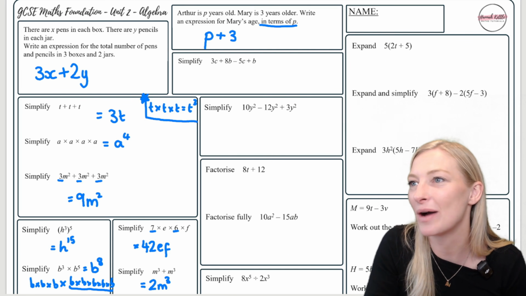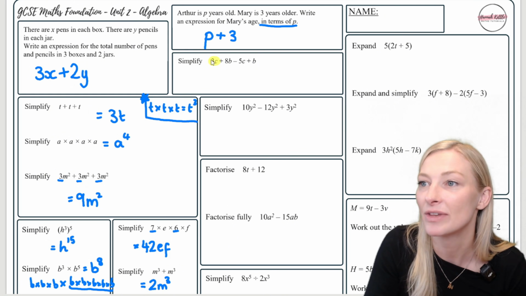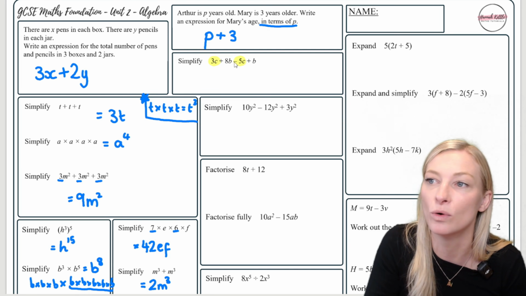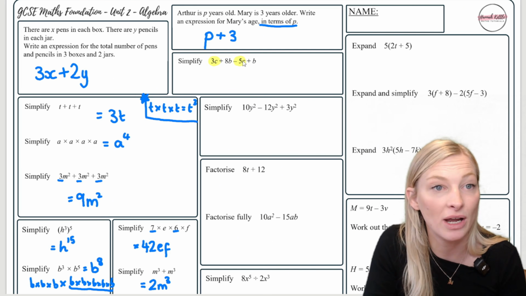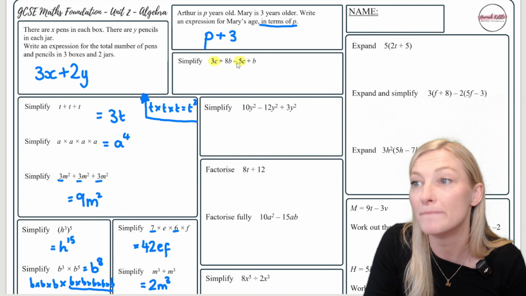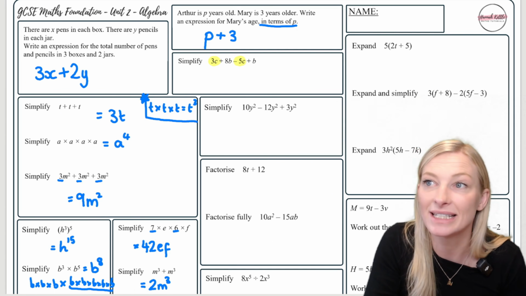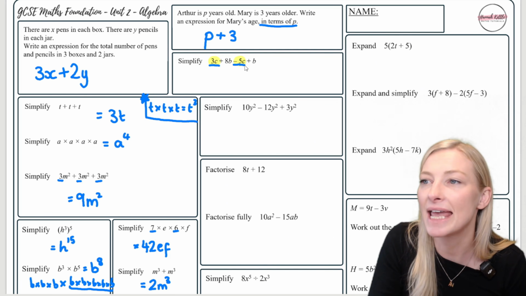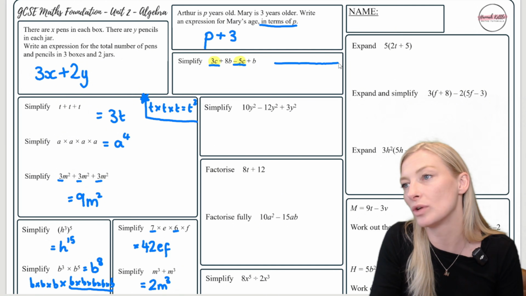Next, we need to think about like terms again. So we're adding. So I can put the c's with the c's. And remember that the symbol, so if it's an add or a take away, belongs to the term that comes after it. So if you've got minus 5c, then we need to take away 5c. So let's look at the c's first. I've got 3c, take away 5c. Think about your number line.